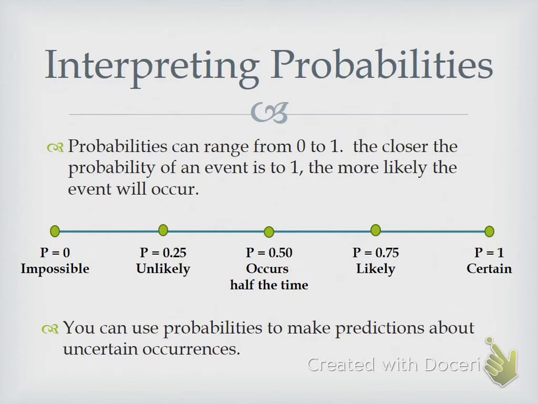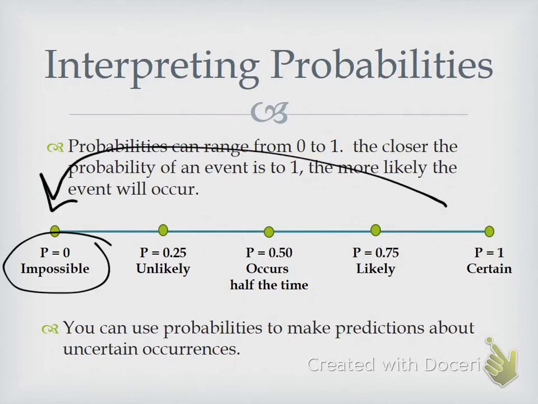So interpreting probabilities. Let's go back to our example that we used at the beginning of class about car accidents. We talked about what we can do to reduce the probability of passing away in a car accident: seat belts, not driving impaired, not driving distracted, driving the speed limit. All right, our probability of that happening is greatly diminished.